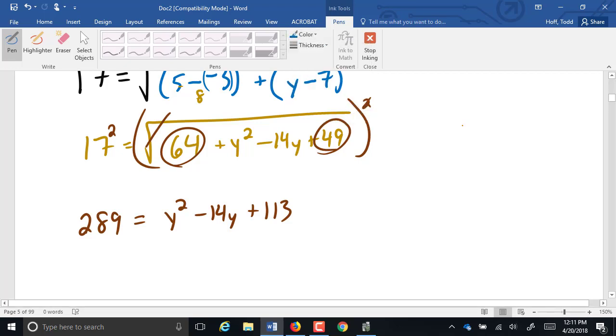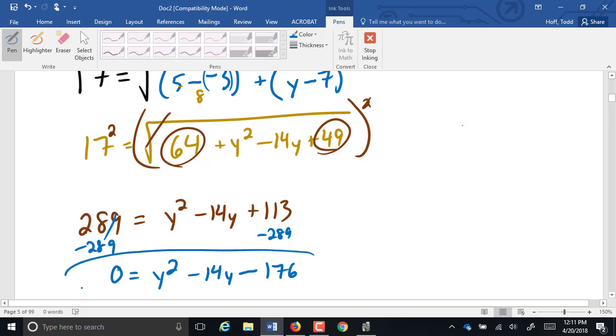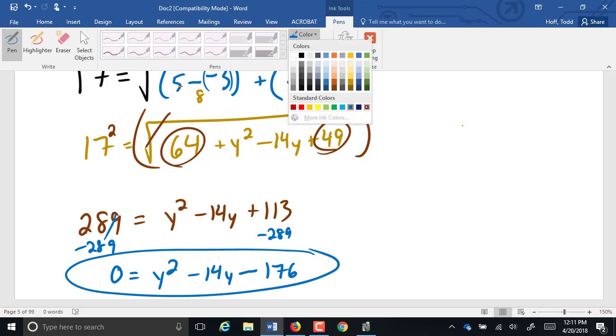And now we have to solve this for y. Subtract 289. Get 0 equals y squared minus 14y minus, what was that, 176. This is a quadratic equation. It means it's going to have two answers.